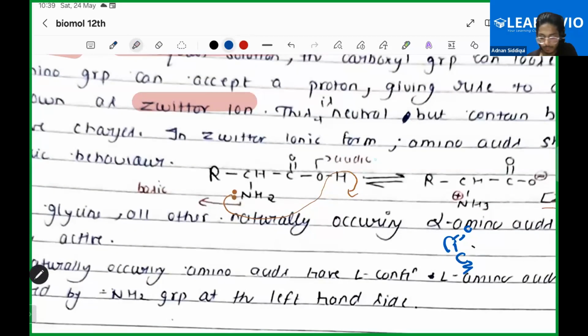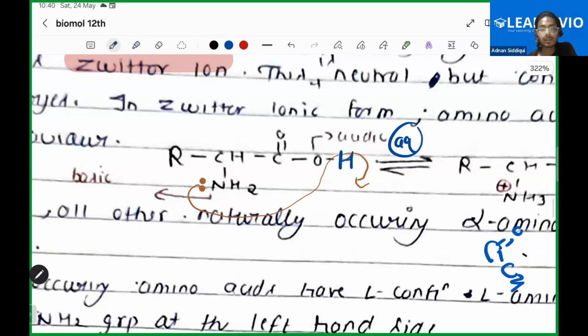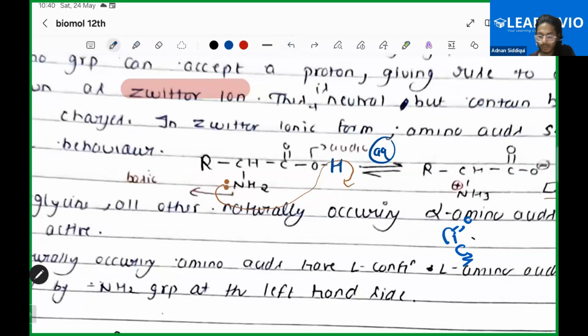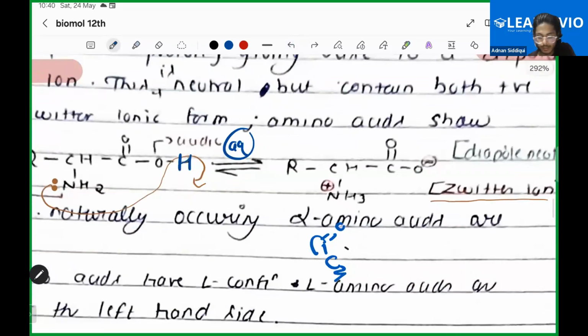Suppose we have an aqueous medium. This carboxylic group has an acidic hydrogen. In the aqueous medium, it can donate its acidic hydrogen to this amine, and it will form a structure like this.